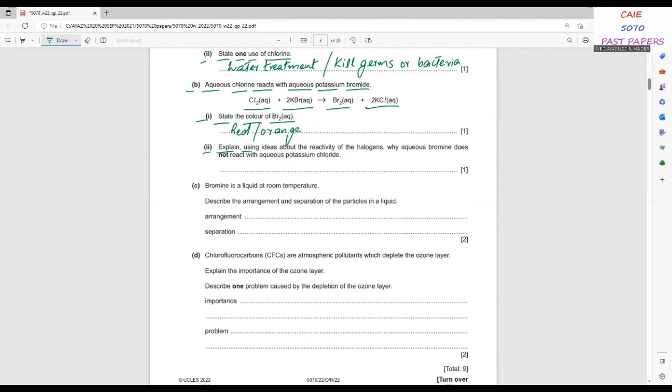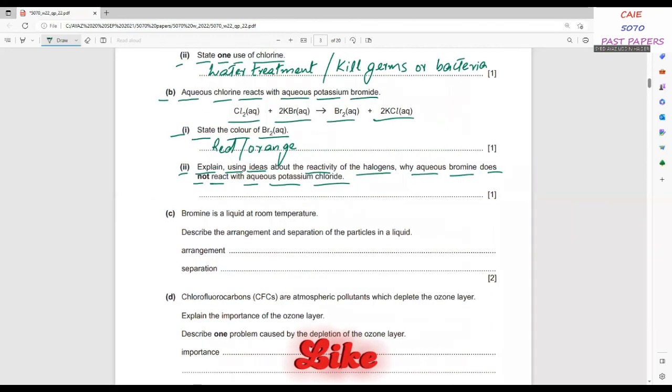Number 2, explain using ideas about the reactivity of the halogens why aqueous bromine does not react with aqueous potassium chloride. You can refer the reactivity series of halogens or position of halogen. So you can write chlorine is more reactive than bromine.